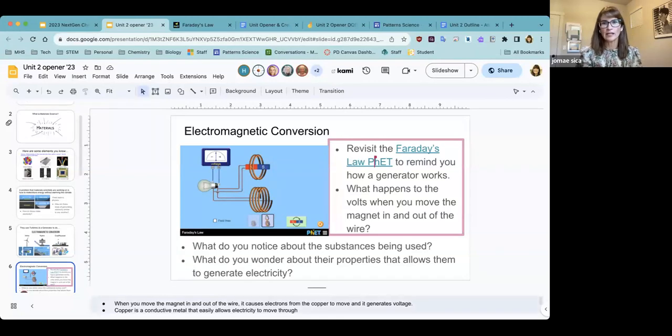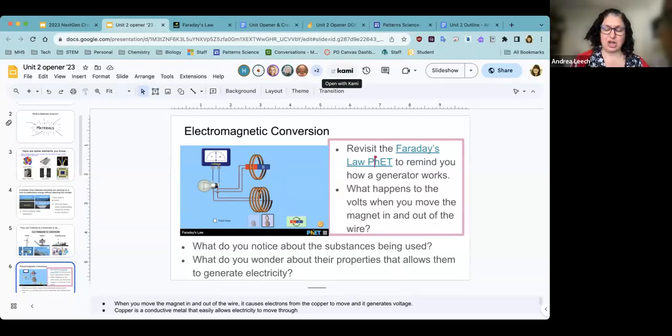Once we've taken a moment to play with that, why don't you post in the chat what you noticed happen to the voltage as you were moving the magnet in and out of the coil? I dropped the link in the chat for the PhET in case you can't get the slide link to work.